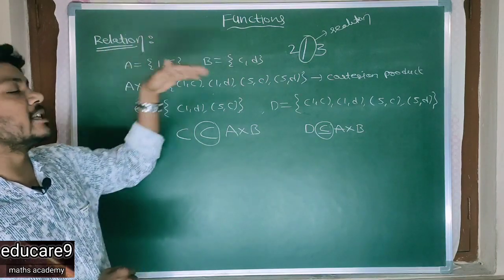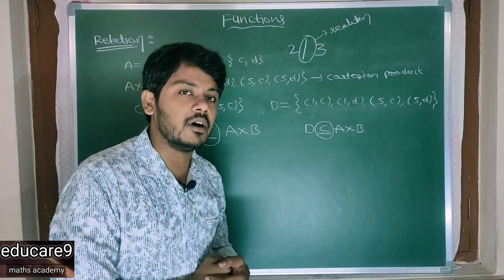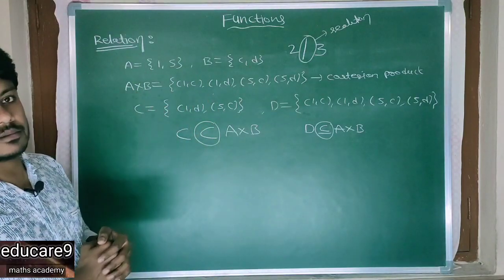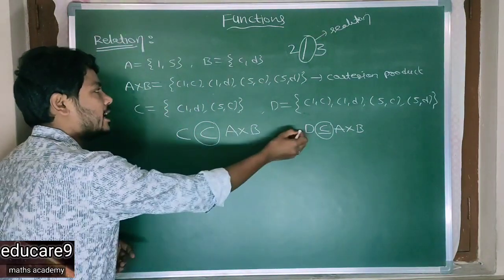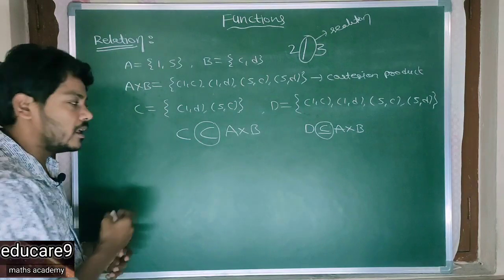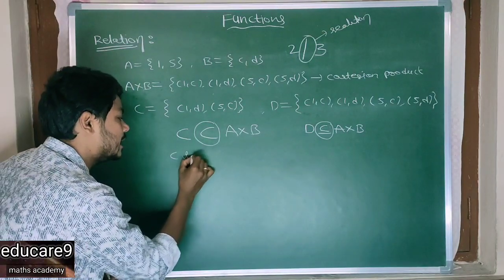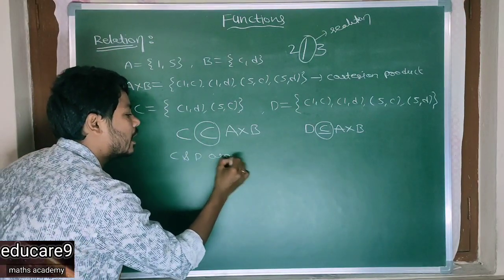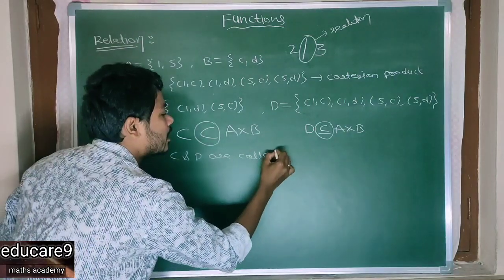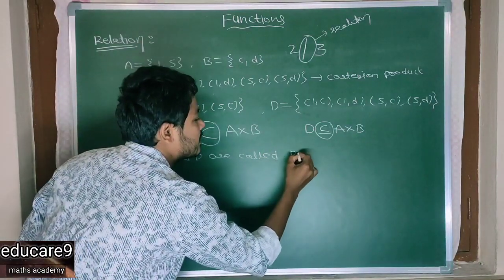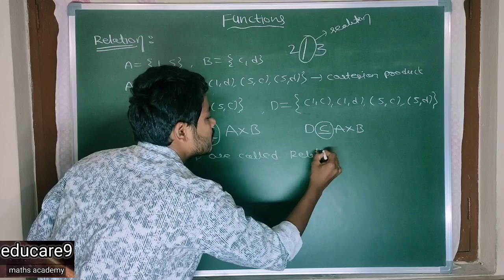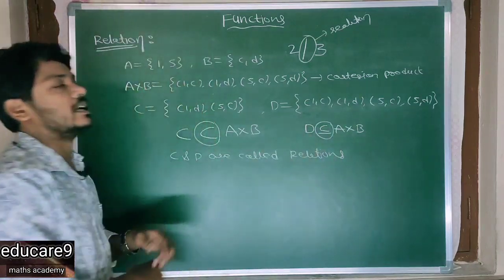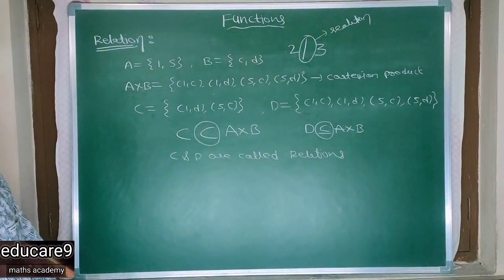Clearly relation means any possible subset of a Cartesian product. So C and D are subsets of A cross B, therefore C and D are called relations. So this is the definition of relation.